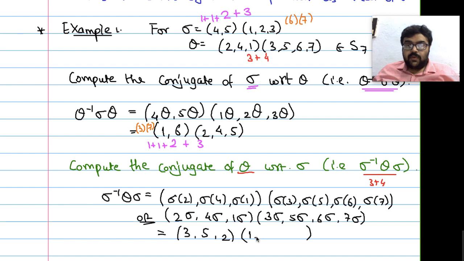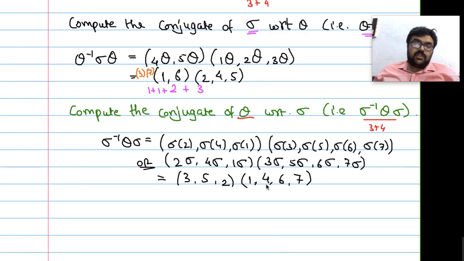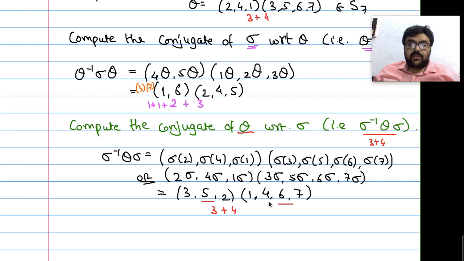Sigma of 5 is 4. Sigma of 6, 6 is not in the cycle, so sigma of 6 is 6. Sigma of 7 is 7. Right, so this is the conjugate. As you can see here also we have a partition just like theta, because only sigma is applied, the length is not changed. So we have a partition 3 plus 4.